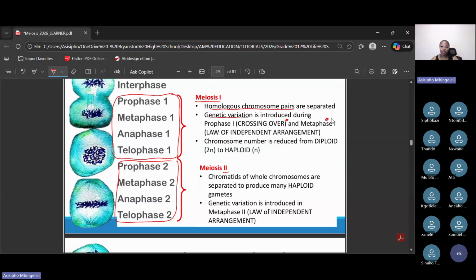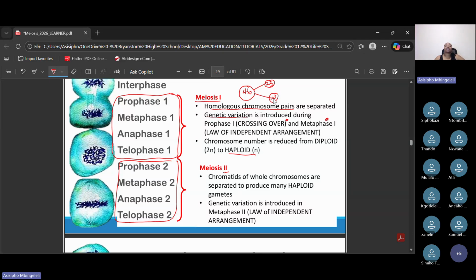And then the chromosome number is going to be reduced. We move from a diploid to a haploid. What do we mean by that? So if this cell has 46 chromosomes, at the end of meiosis 1, we should have half the number of chromosomes, 23, 23. Then in meiosis 2, chromatids of whole chromosomes are separated.